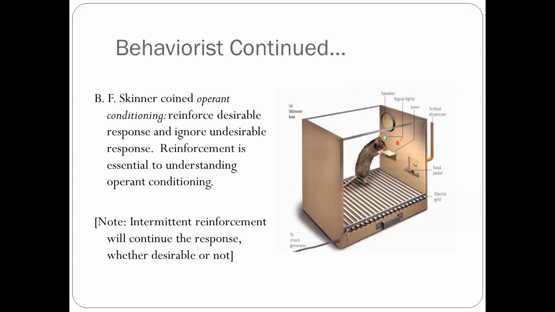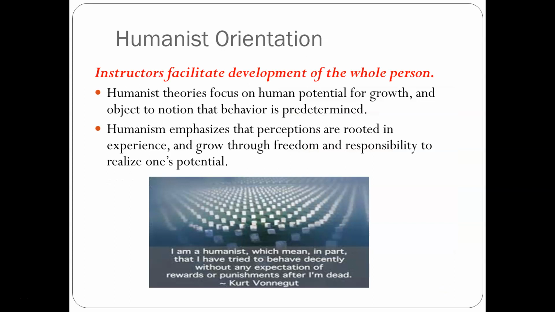What we end up doing if we have punishment is making it intermittent. Sometimes we reinforce, sometimes we ignore, sometimes we punish. That allows the undesirable behavior to go on longer than if we ignored it and only reinforced what we desire as the outcome. So that is operant conditioning, and that pretty much in a nutshell is behaviorism.